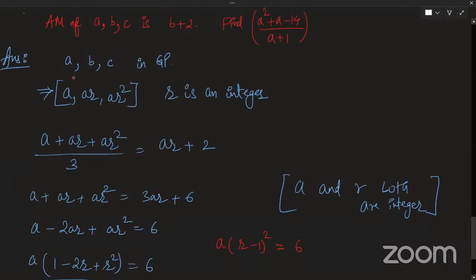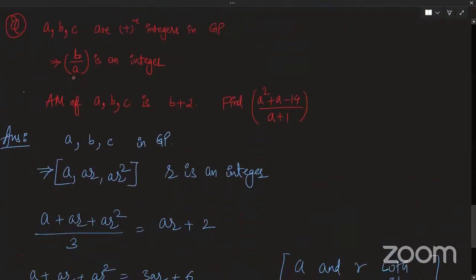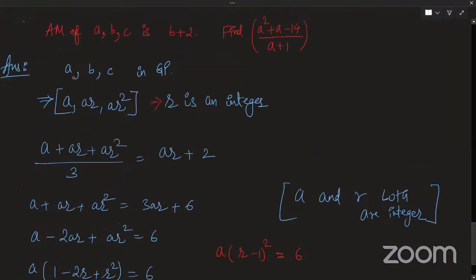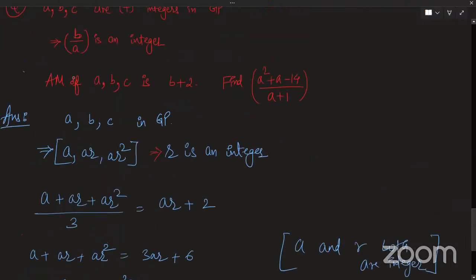Okay, I'll go back to the question and start from the top. A, B, C are three numbers in geometric progression, so I have written them as A, AR and AR square. R is an integer because B by A is my common ratio.